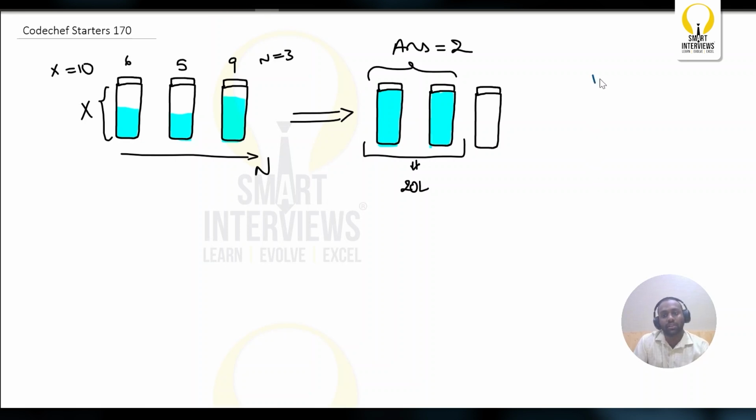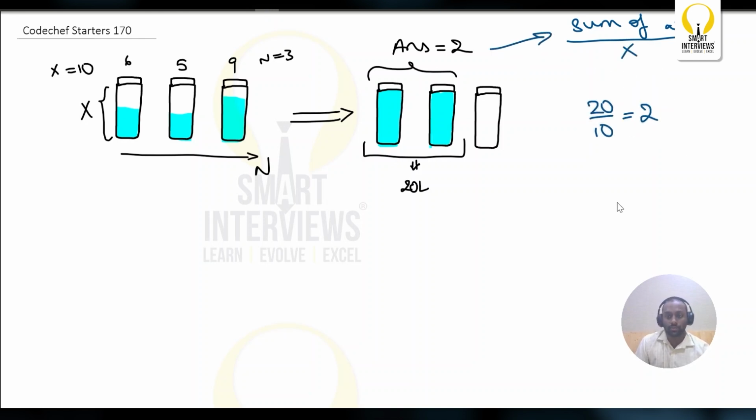I need not explain it any further. So 20 was the sum, divided by 10 gives us 2. That is the sum of water amounts individually. I can also say sum of array, because the array will be given to me, divided by the capacity, that is X. That will be our answer.